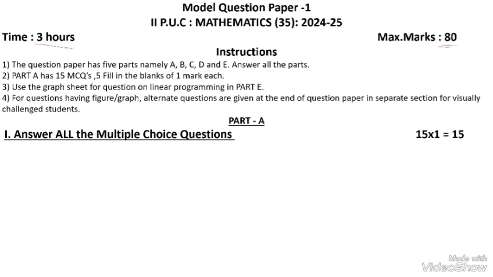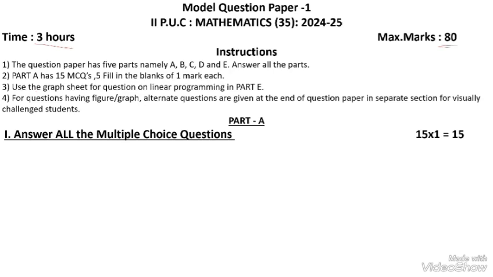Part A has 15 multiple choice questions and 5 fill in the blank questions. Each question carries 1 mark. Then, use the graph sheet for the question on linear programming in part E. You have to use the graph sheet for the part E question, that is, the linear programming question only.